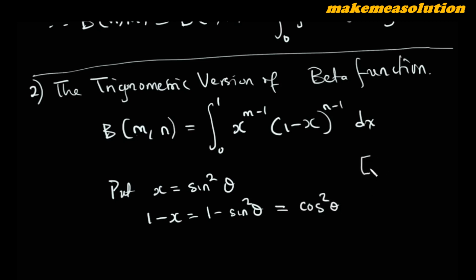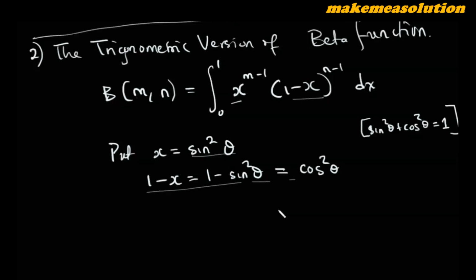Everybody should remember the golden identity that sine squared theta plus cos squared theta is equal to unity, 1. So this is where we got this expression from. So x and 1 minus x are respectively sine squared theta and cos squared theta if we make the replacement.